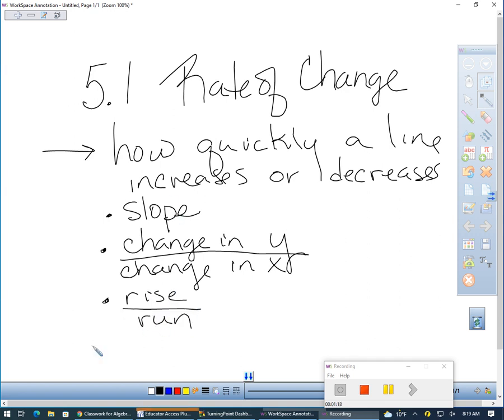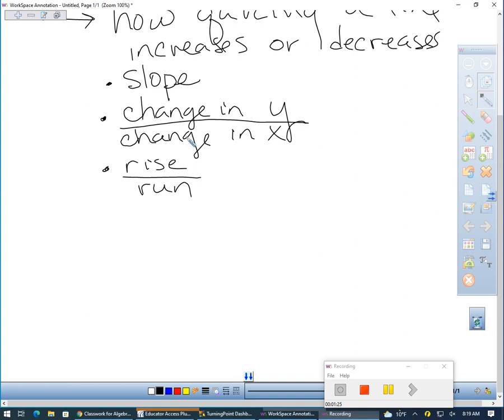You'll notice everything we're doing is all in fraction form, and that's how we're going to leave it. The last one is an equation we can use in order to find it. That equation is y2 minus y1 over x2 minus x1.